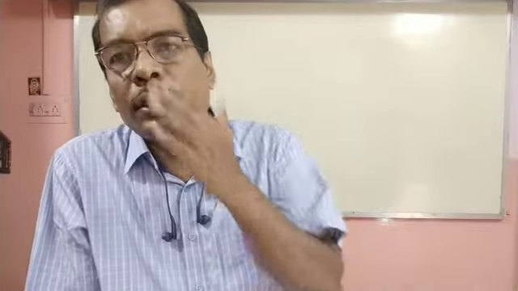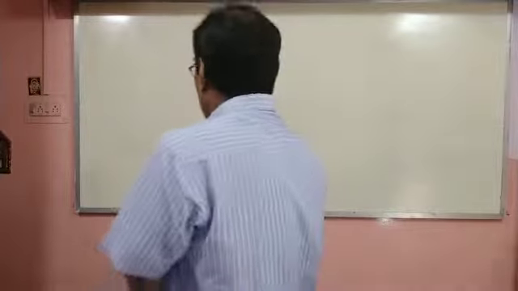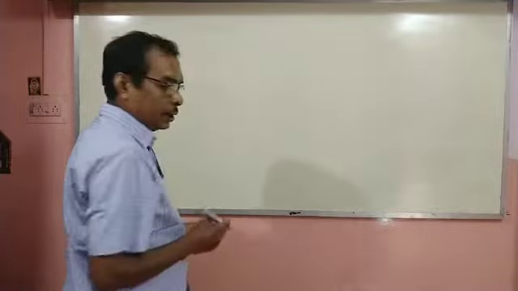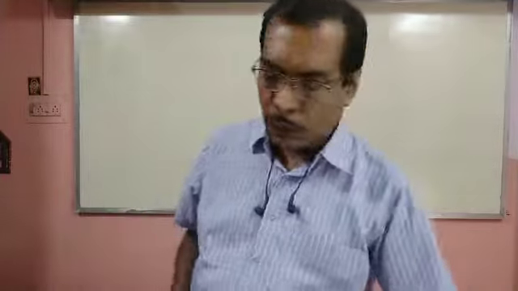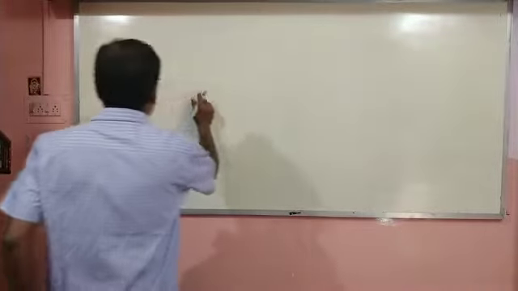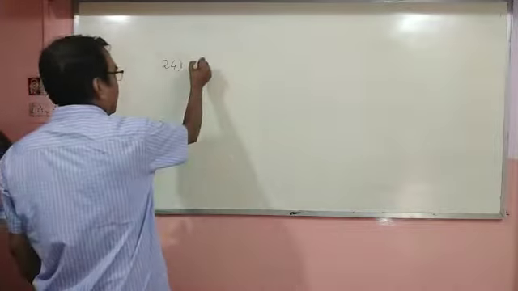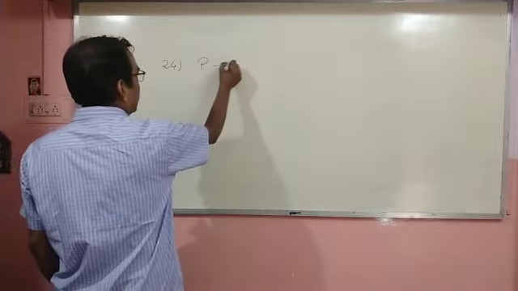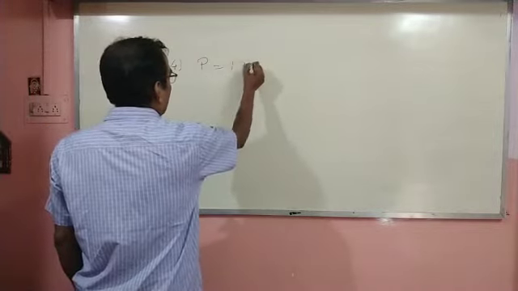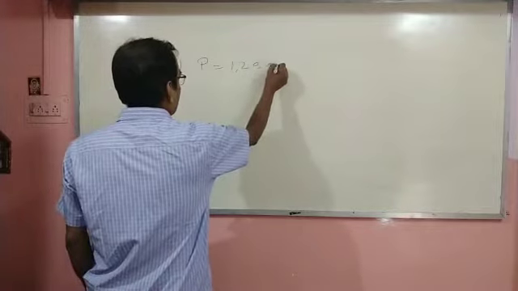2013 population is given. So the 2013 population you can consider as the principal, 1,20,000. So the principal amount is 1,20,000. I am talking now about question number 24. The present population P is equal to 1,20,000.